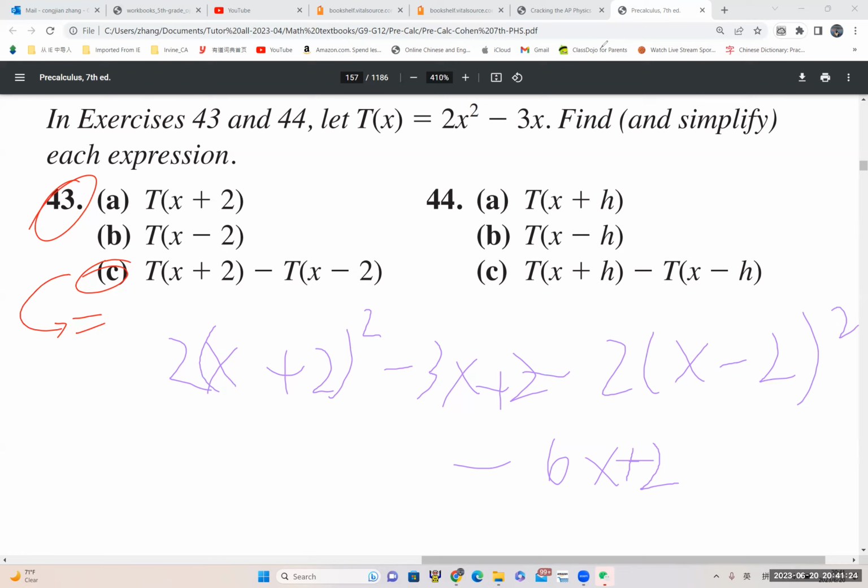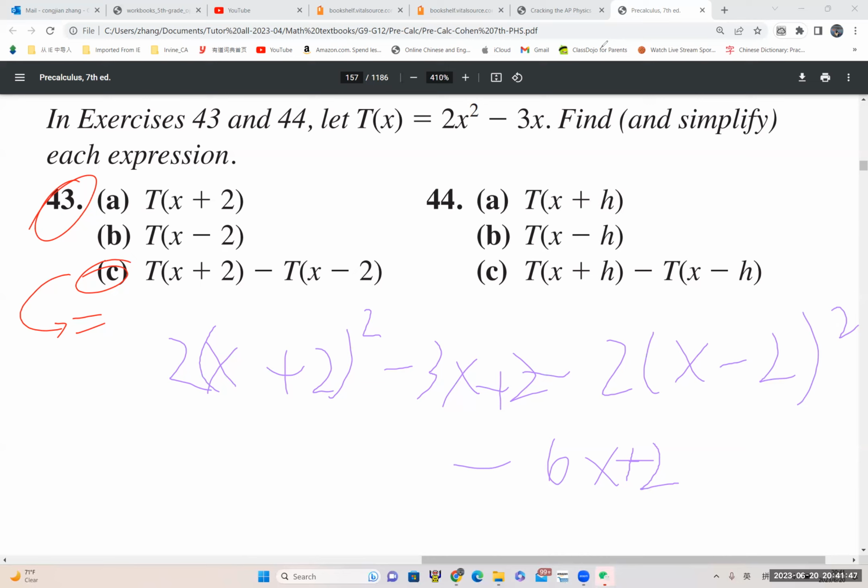Okay, let me show you. So is it 13x plus? No wait, say it again. Is it 10x plus 6? No. Oh no, we should have 16x. I got minus 3x. Bonus. Anyway, let me show you.